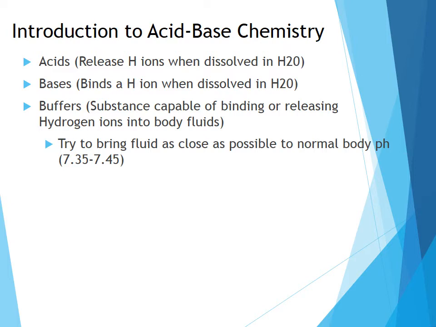Buffers, on the other hand, are substances that are capable of binding or releasing hydrogen ions into bodily fluids. So they can kind of do both, and they're very critical in keeping body fluid pH at normal levels. Through both mechanisms, they try to keep that body fluid pH at 7.35 to 7.45.